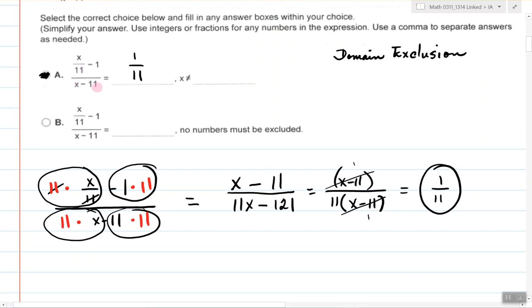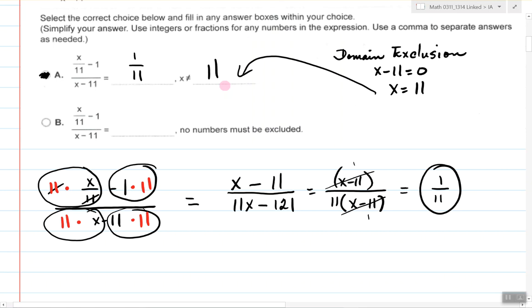The denominator of the big fraction, because remember I said any denominator, this can become 0. X minus 11 equals 0 means x is 11, and that is your domain exclusion. This complex fraction reduces to this provided x is not 11.